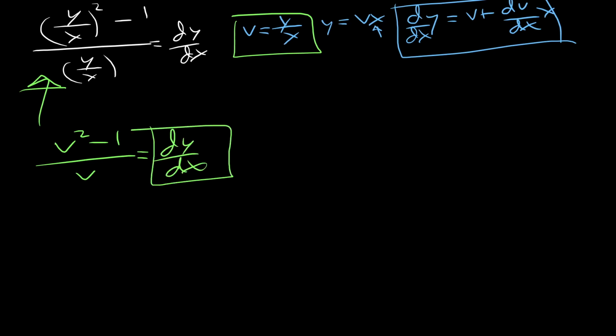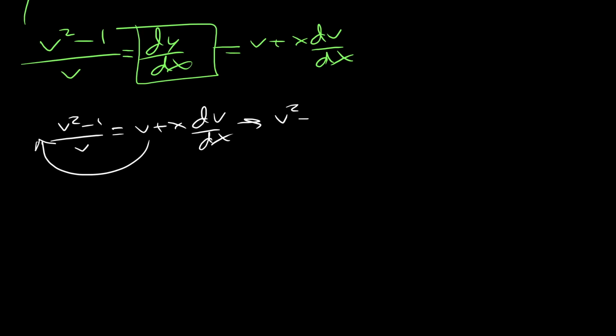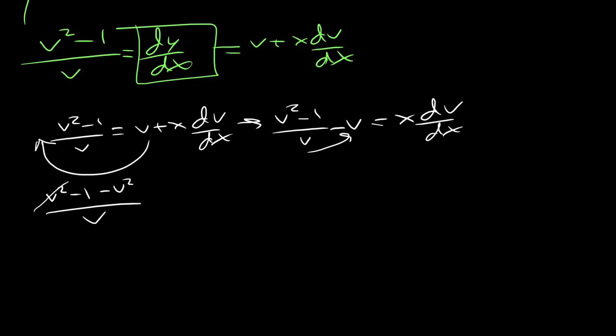But we also said that dy/dx is the same as v plus x dv/dx. So we equate both expressions: (v squared minus 1) over v equals v plus x dv/dx. We take v to the other side, so we get (v squared minus 1) over v minus v equals x dv/dx. Rearranging, (v squared minus 1 minus v squared) over v, we can cancel these two terms, equals x dv/dx.